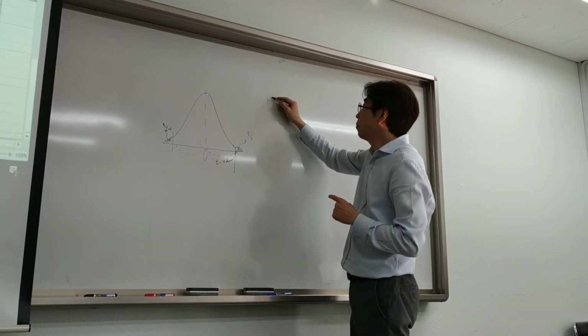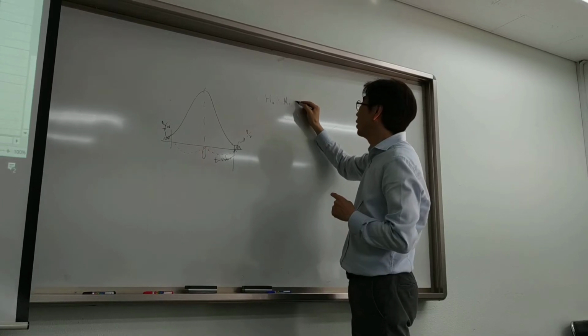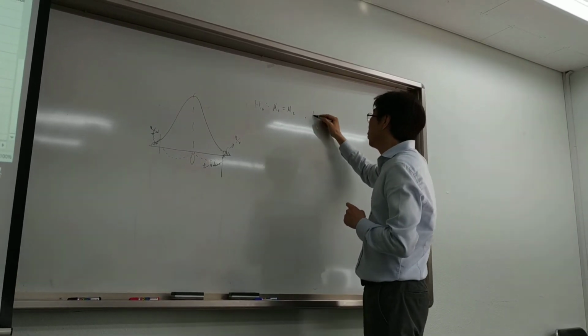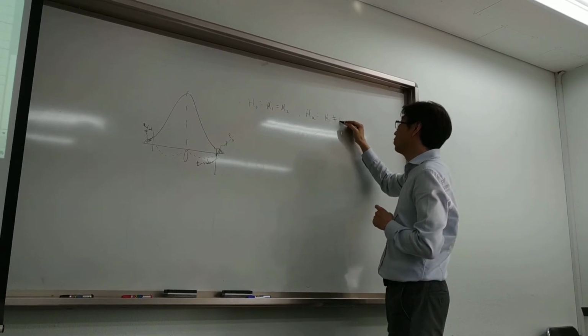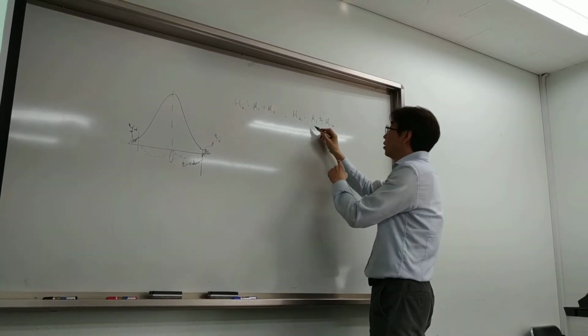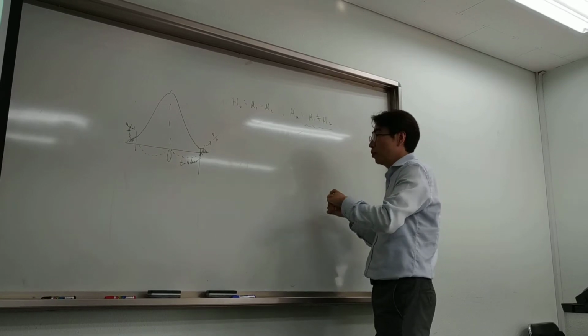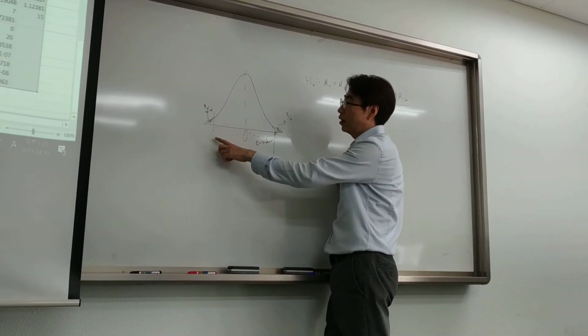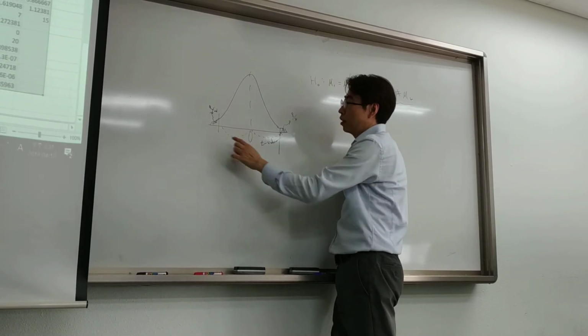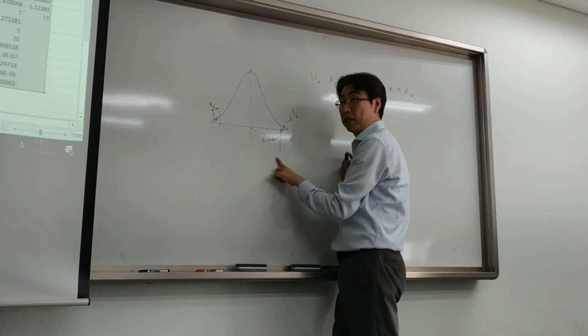In this case, your null hypothesis is mu1 equals mu2, and your alternative hypothesis is mu1 is not the same as mu2. This alternative gives you the clue. You can regard both values of t.